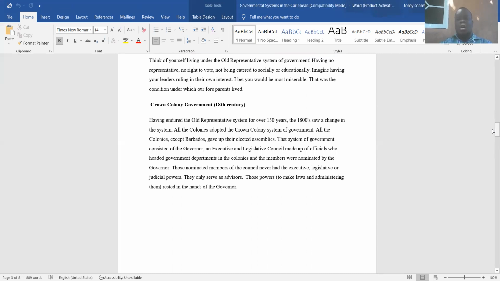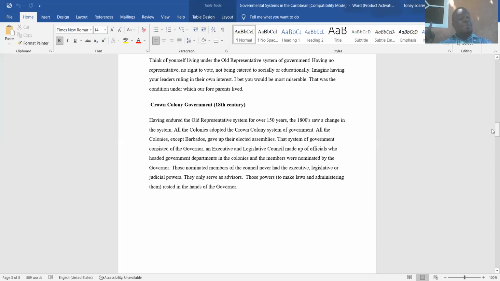In the 1800s now, the Caribbean, the English-speaking Caribbean, moved on to crown colony government. Having endured the old representative system for over 150 years, in the 1800s, there came a change in the system of governance, right? All the colonies adopted the crown colony system of government.